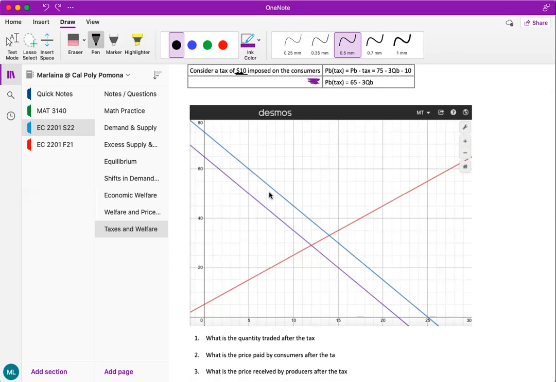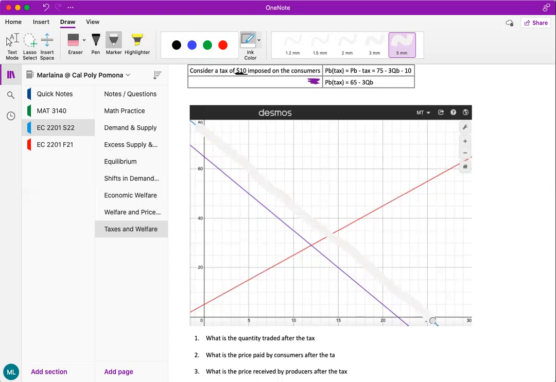So we're going to look at the quantity traded after the tax. This is going to be without the demand curve for a second, because after the tax, this purple shifted line is what is actually being received by producers when they're trying to sell their goods.